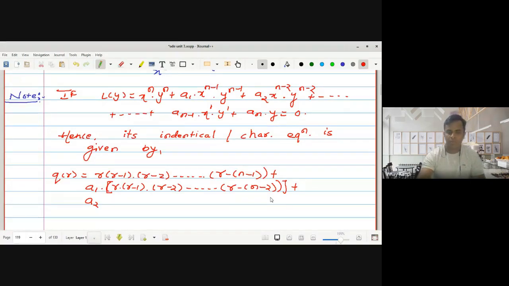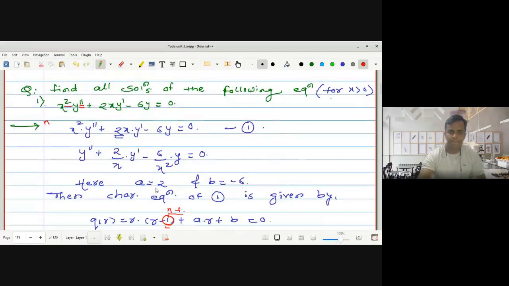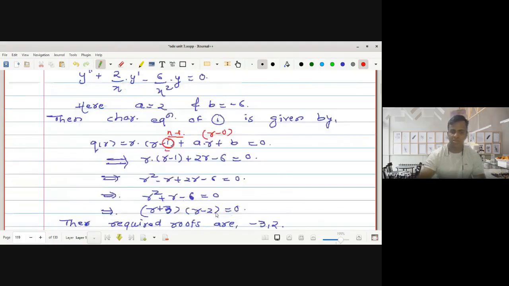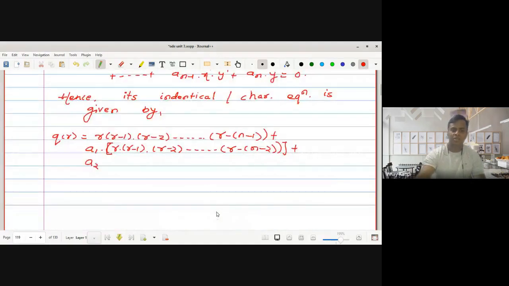Now, okay इथे काय, सेकंड असताना इथे 1 आहे इथे काय येणार मग या कोएफिशिएंटला r minus 0 ना ओके, 2 minus 2 is 0, n minus 2 म्हणजे similarly for nth order.